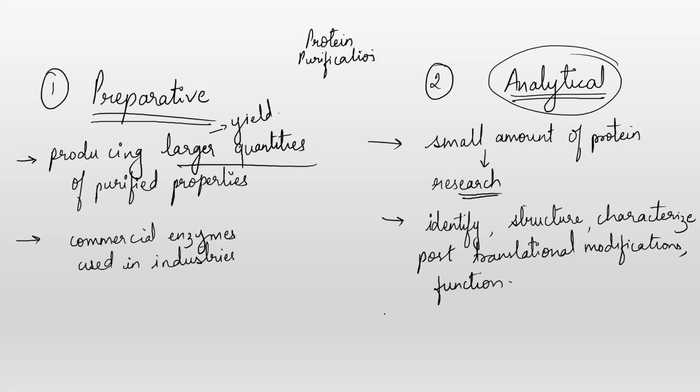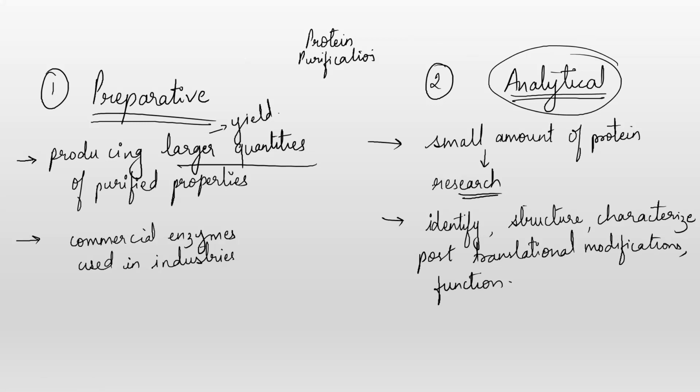Mostly you do analytical purification in the laboratory before you scale it up to preparative, before you give that technology or method to the industry. At the lab scale, you always prefer analytical purification, where you get smaller quantities and study everything.